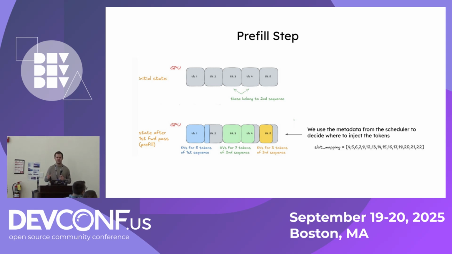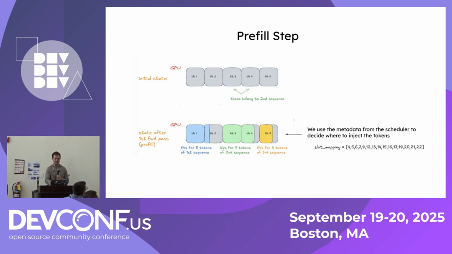We inject the actual KV values into that persistent KV cache memory using the slot mapping data that the scheduler gave us. So in this example, request 1 got allocated block 1 and block 2, and the tokens get injected into those blocks. Request 2 got blocks 3 and 4, and the tokens got injected into those blocks. And request 3 got block 5.